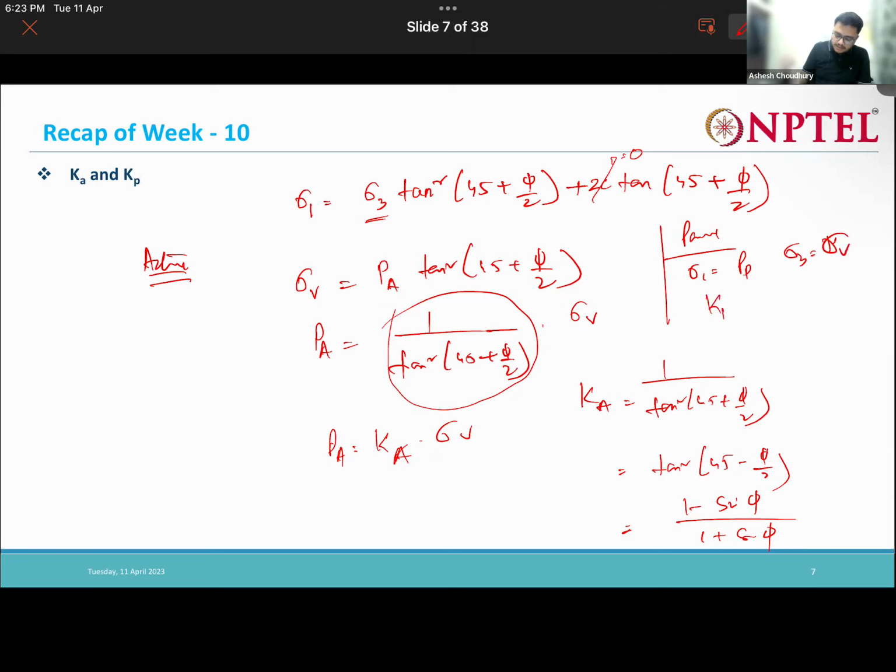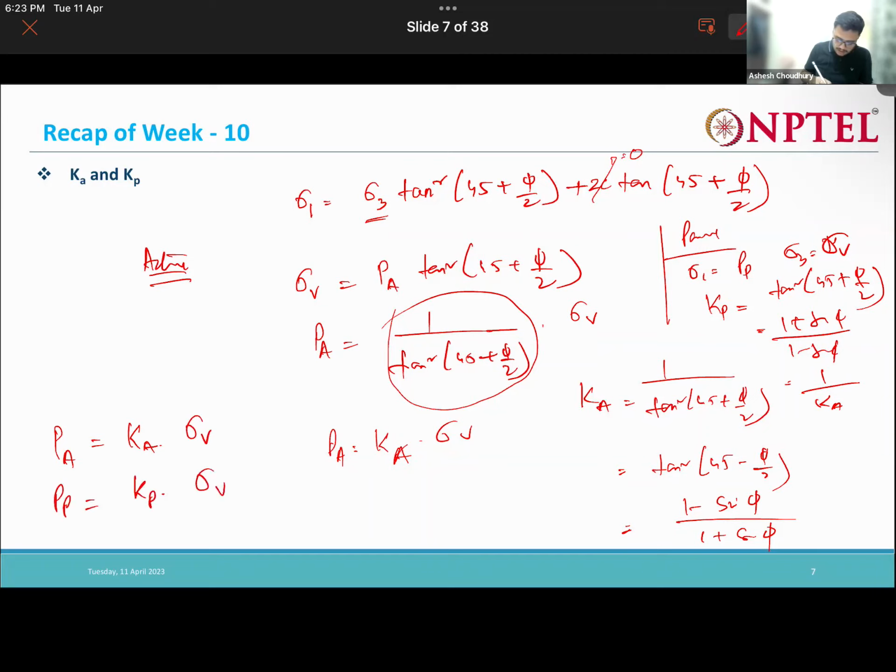So my Kp will be nothing but tan square 45 plus phi by 2, or 1 plus sin phi by 1 minus sin phi, or 1 by Ka. So finally we can write PA is equal to Ka into sigma V, PP is equal to Kp into sigma V, and Kp is also equal to 1 by Ka.